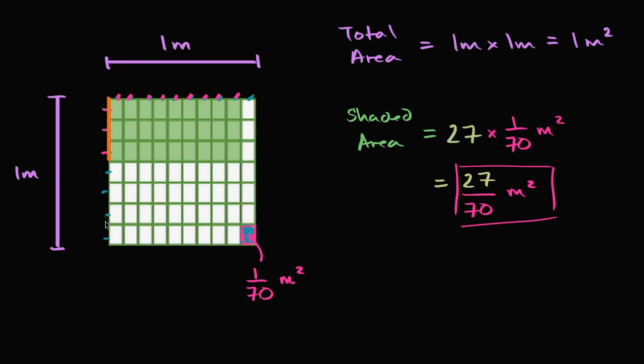Well, if we're going in the vertical direction, we've divided this 1 meter into 1, 2, 3, 4, 5, 6, 7 equal sections. That might have been a little bit confusing the way I just drew it, so let me do it in a more vibrant color.